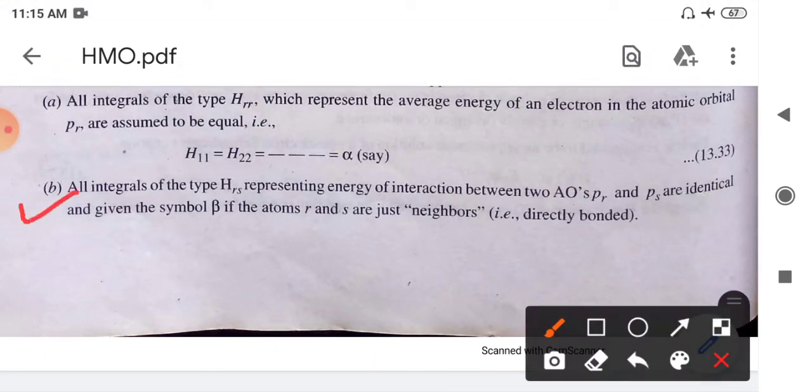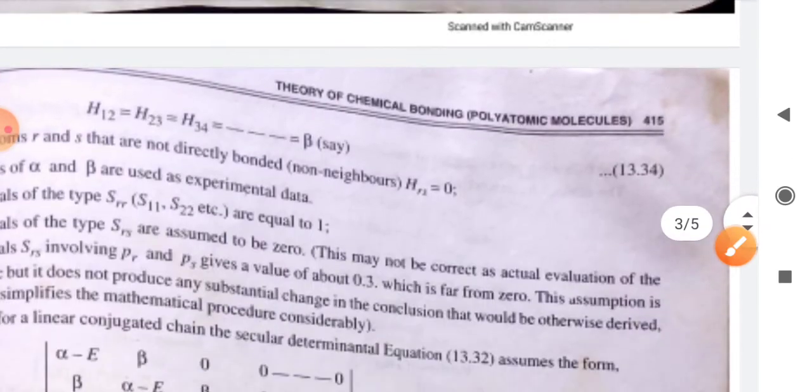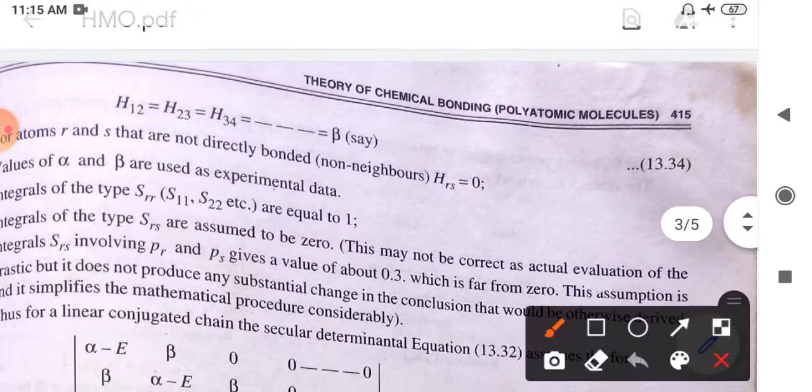Then another assumption is that all the integrals of the type HRS, representing the energy interaction between the atomic orbitals, say PR and PS, which are identical and adjacent to each other, have the symbol beta. If they are not directly bonded, then it is said to be 0.